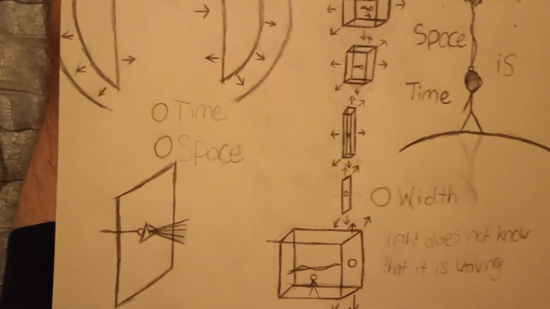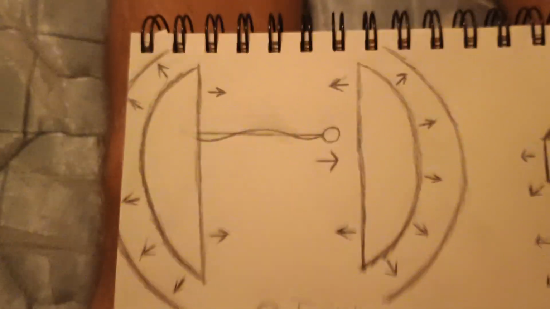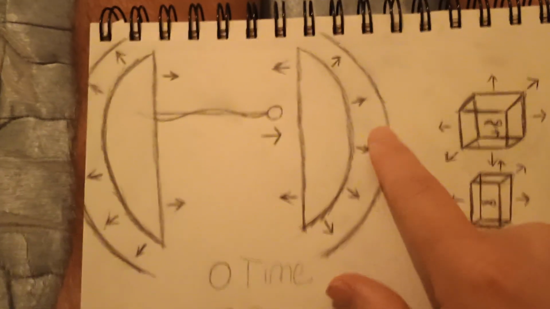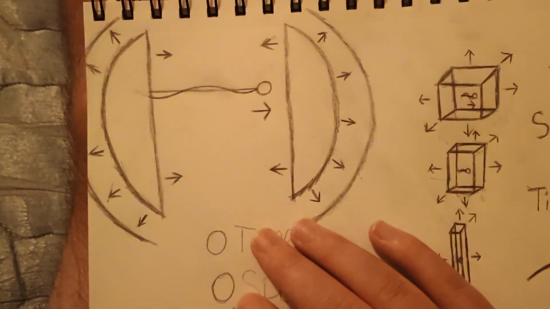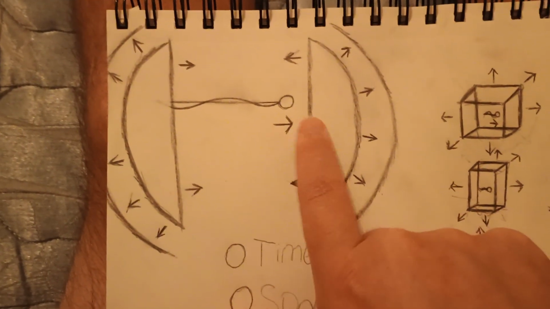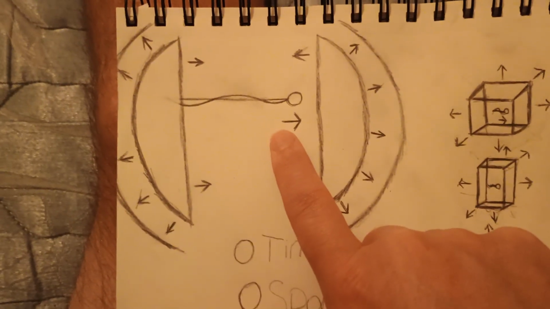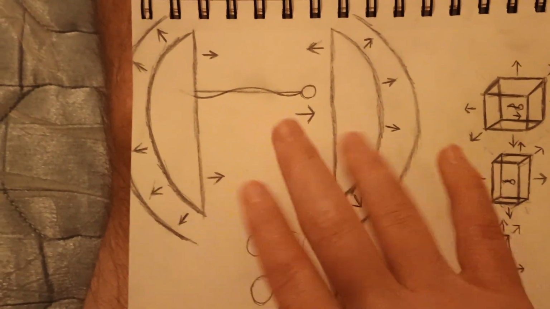Okie dokie. So, I've been thinking more about light. I'm gonna start here. First, I wanted to show my idea that I discussed in the previous videos of light, how it moves at the speed of light. And because it moves at the speed of light, space condenses around it.